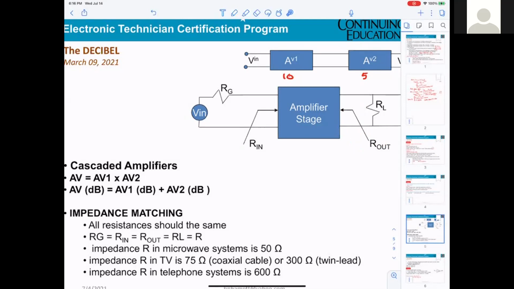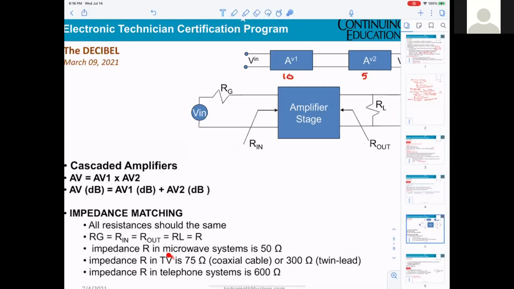If you get 50 ohm input and output 50 ohm, all resistance should be the same: R in, R out, RL, everything will be the same R. Impedance in microwave is 50 ohm.